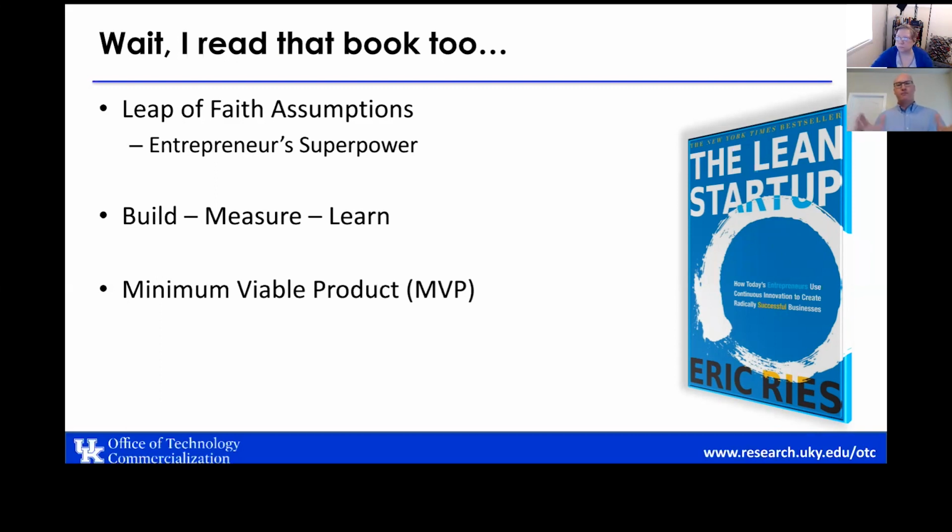That's what being an entrepreneur is all about. But instead, what we want to do with the lean startup principles is follow this build, measure, learn feedback loop. We're going to talk a lot more about that, and you'll see elements of that as we move forward. And then the last concept is the idea of the minimum viable product, and we're going to talk a lot more about that as we go forward too.